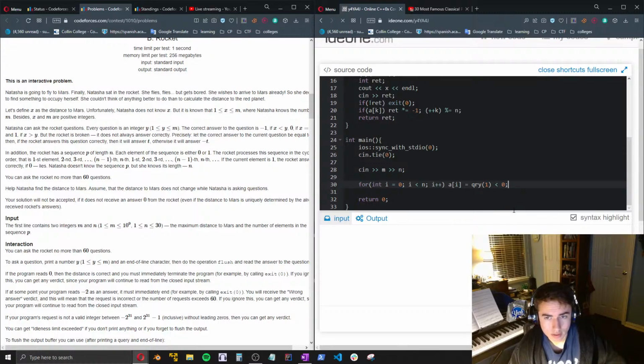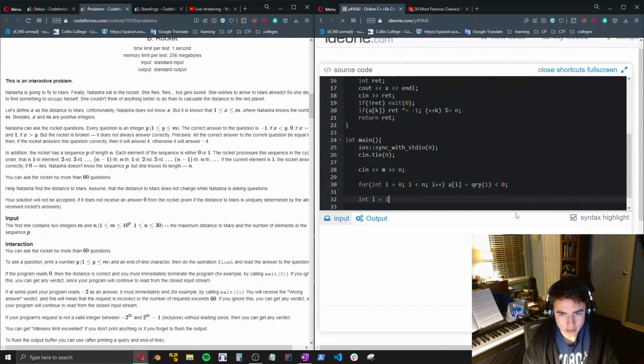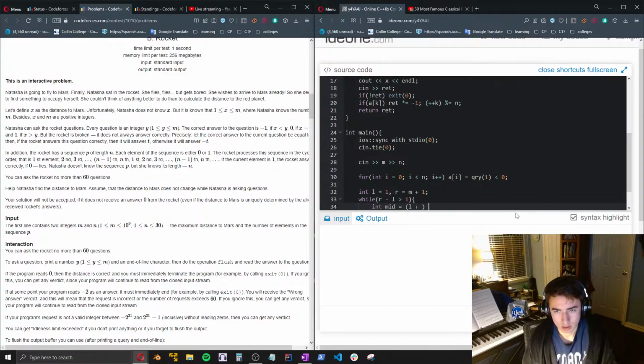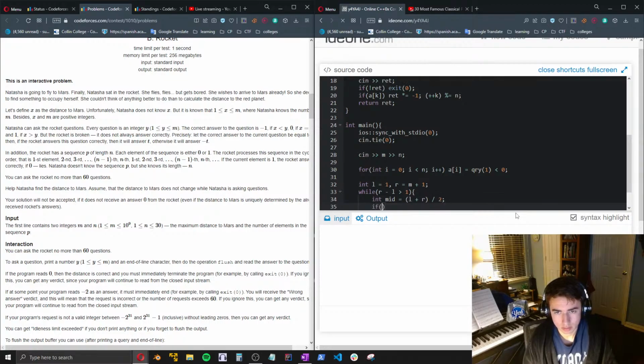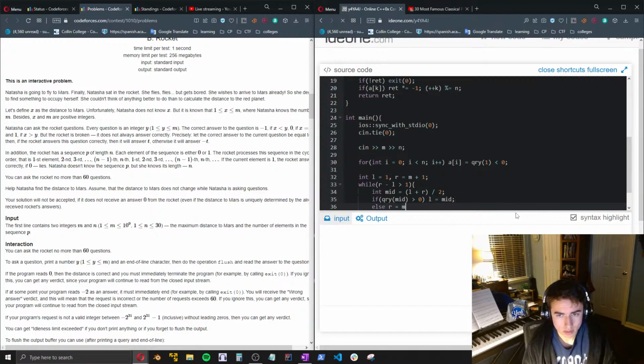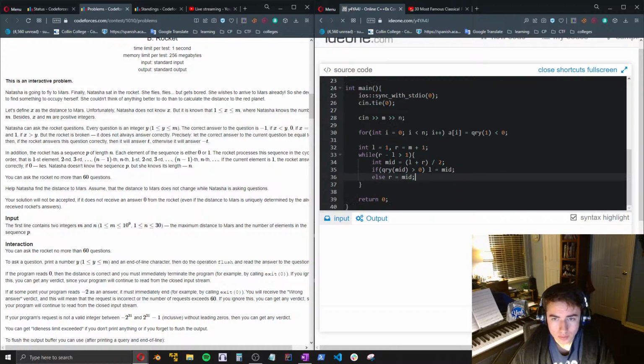I think this is right. Now we just do normal binary search. If query mid is greater than 0, right, if it's 1, in other words, that means x is greater than y. And then by the end of this, it should have guessed the correct value.